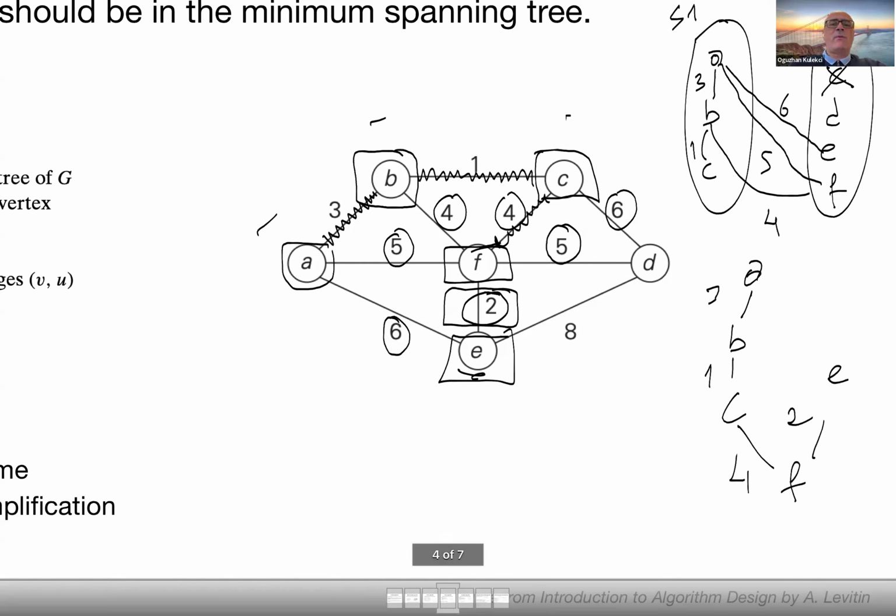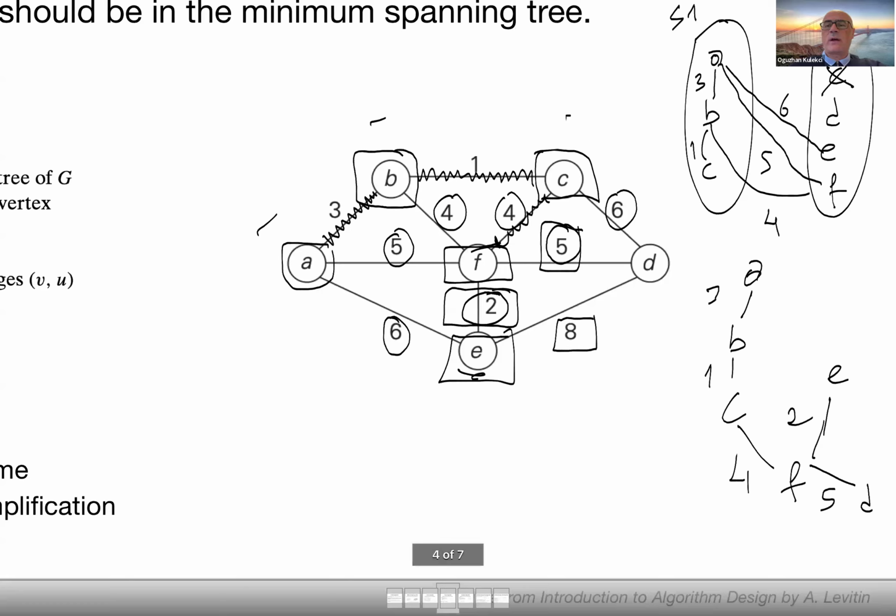And once I have it, what else do I have? Now 8 becomes a bridging edge, but among these bridging edges, 5 is the least one, so I connect F with D. So F connected with D with 5 is another one.